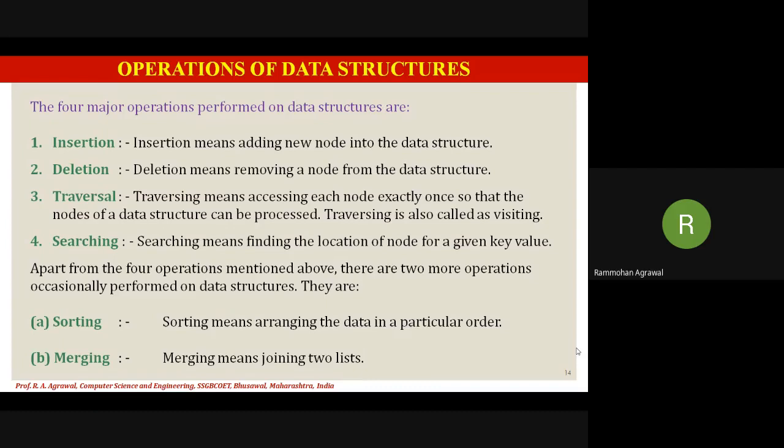Deletion means removing an existing element or a node from the data structure. Suppose we consider the example of an array. Once an element exists in an array, we can display it, we can view it, and we can also delete it. The third important operation is traversal.